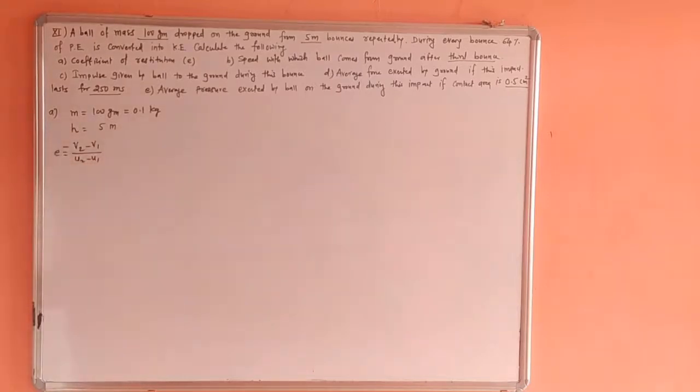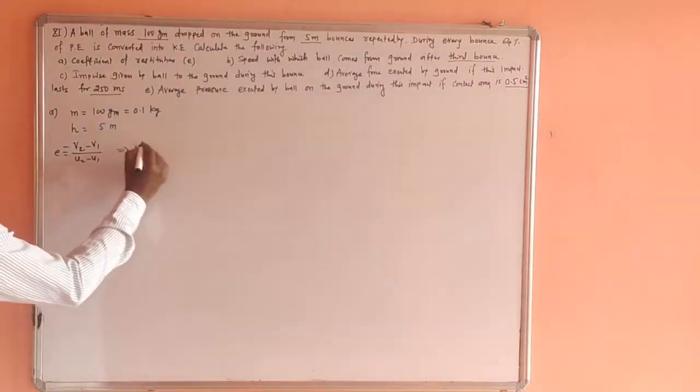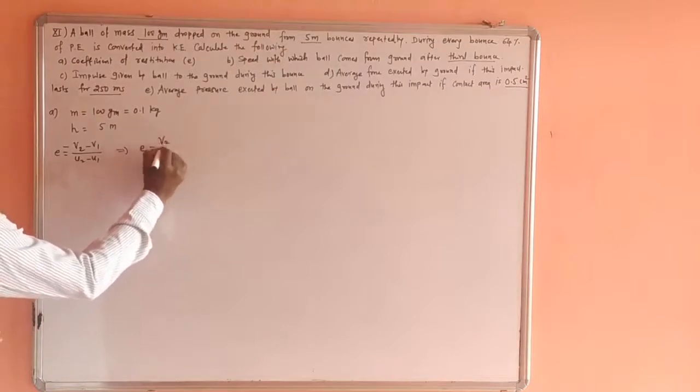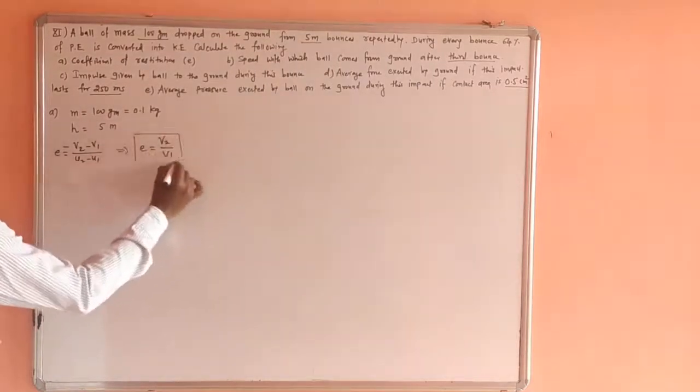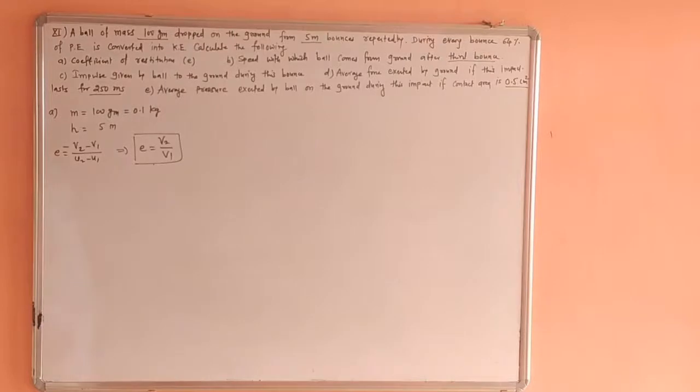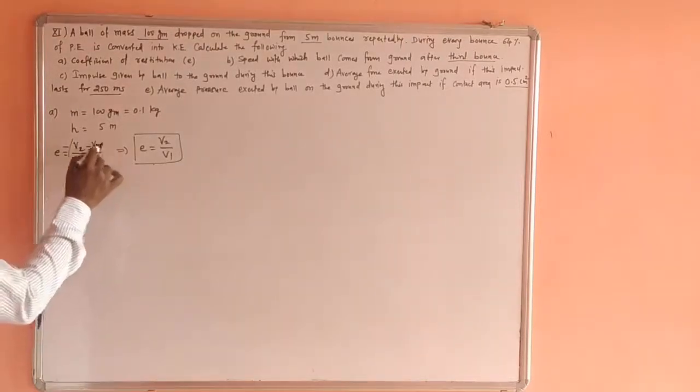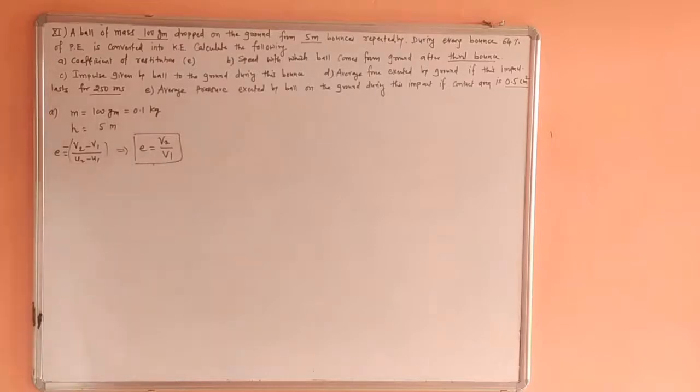So as the ground is at rest during the bouncing of the ball, it simply becomes the ratio of V2 upon V1. So for this bouncing condition, the coefficient of restitution is given by final velocity and initial velocity.